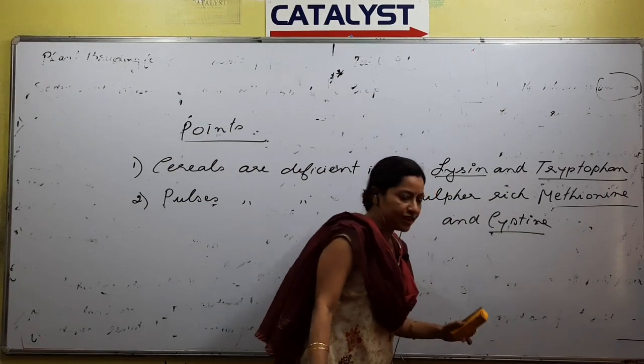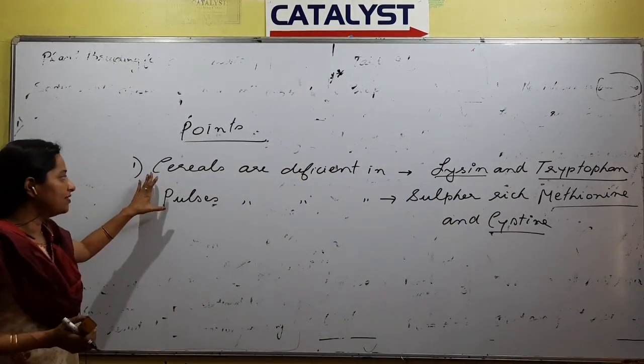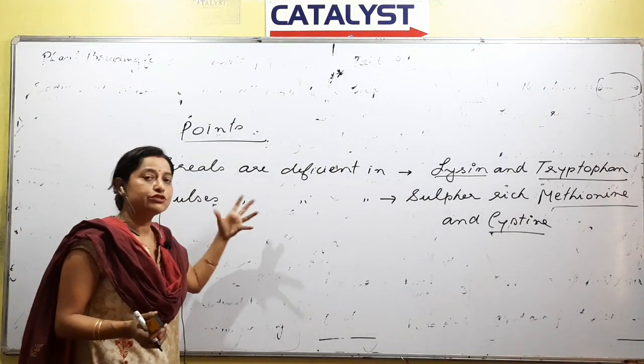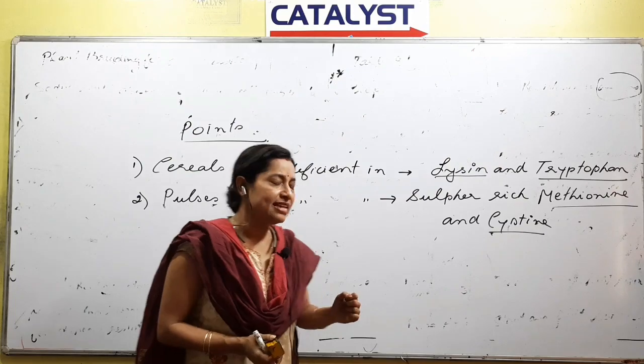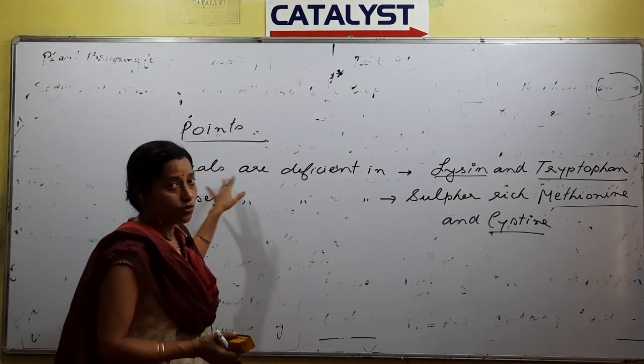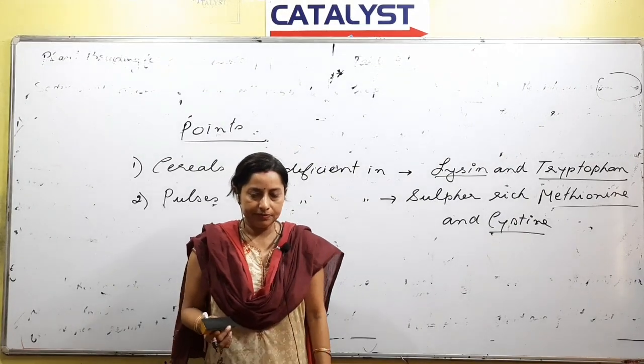Right? So the food, one of the major foods that we take, is obviously cereals and pulses, no? That is supposed to be a staple food. So what the scientists saw is, when we are talking about cereals, what would be an example of a cereal?